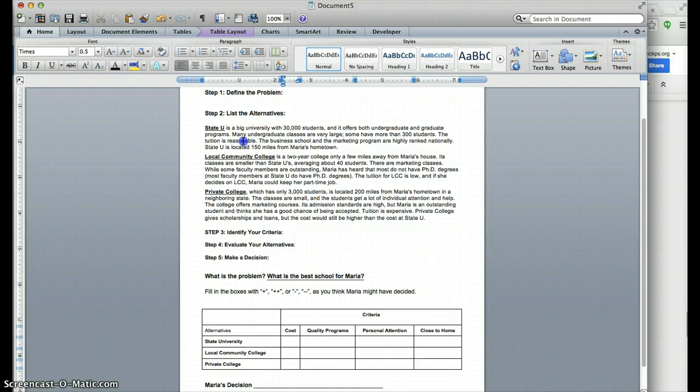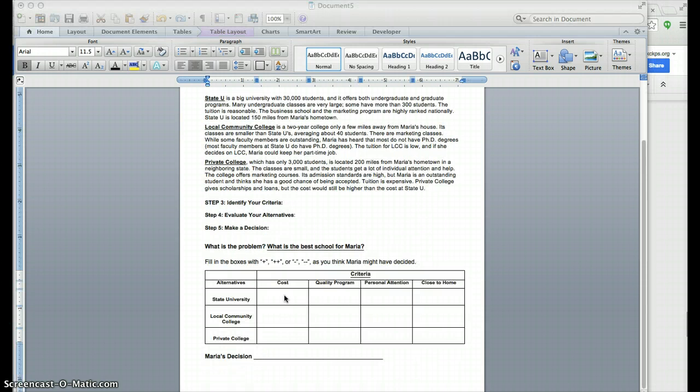So there you go, the tuition is reasonable. So let's evaluate the cost of state university. We will put a plus sign if it is good, two pluses if it is very good, a negative sign if it is not good, two negative signs if it's not very good.